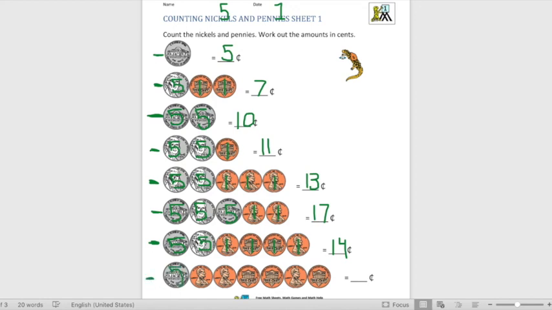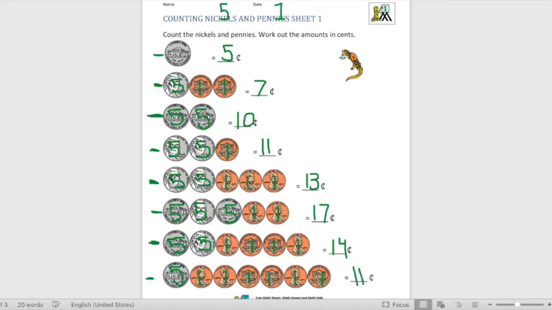We have 5, 1, 1, 1, 1, 1, 1. 5, 6, 7, 8, 9, 10, 11. 11 cents.